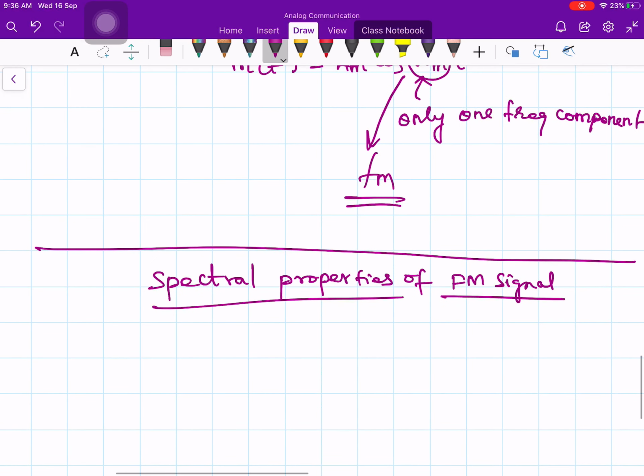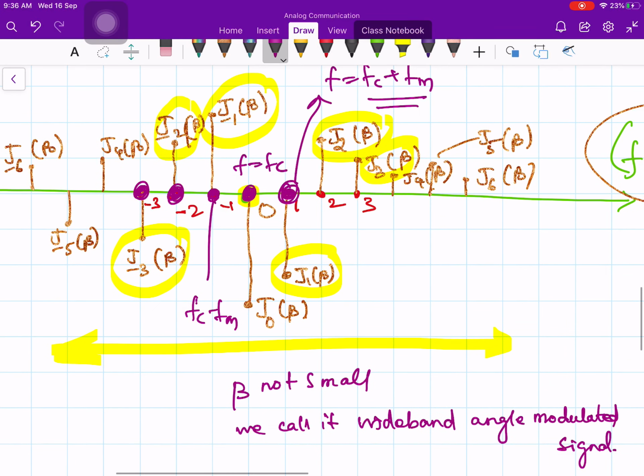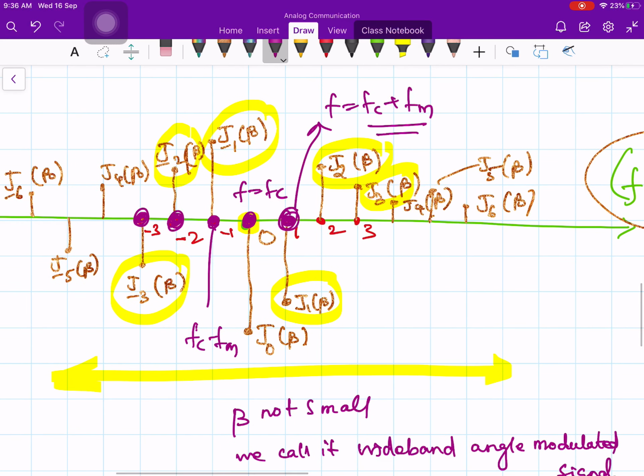Okay, so the first point is we see that if you look at the spectrum, it contains a carrier component. Where is the carrier? This is the carrier. Let me delete all these so that I can explain you very well.